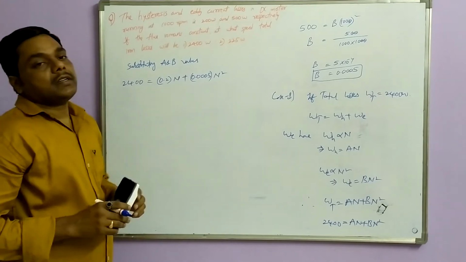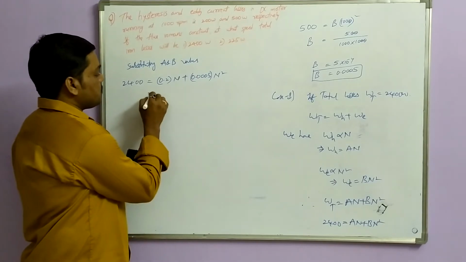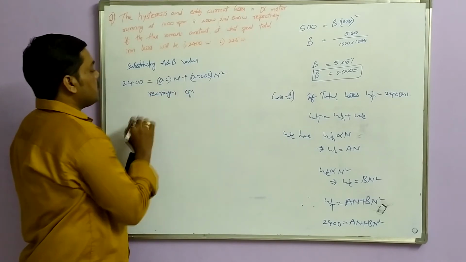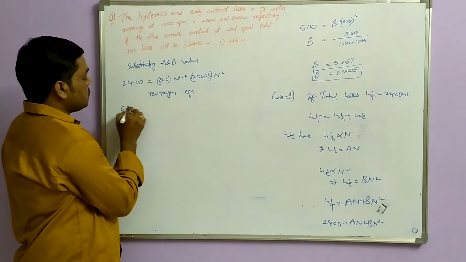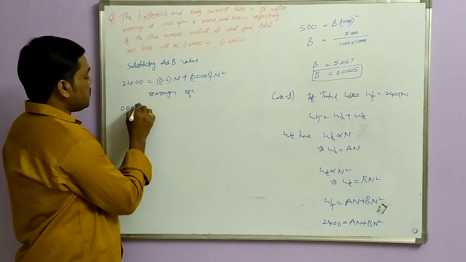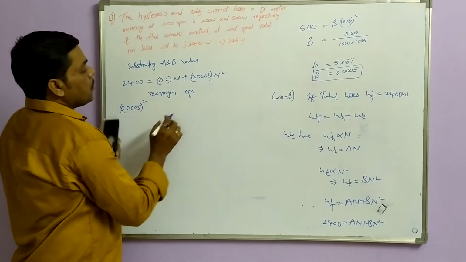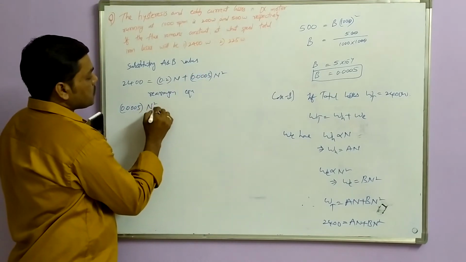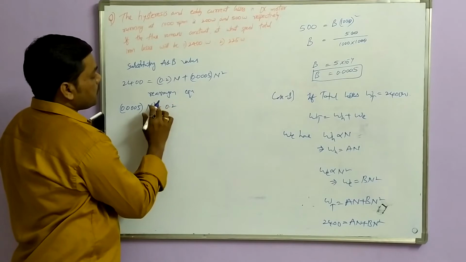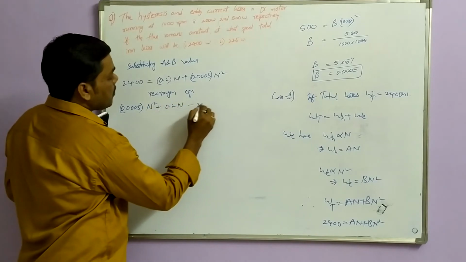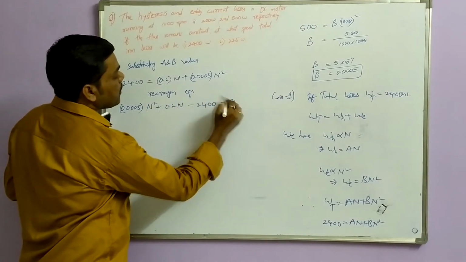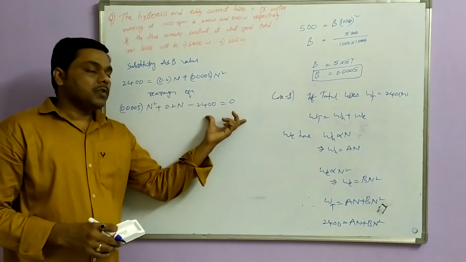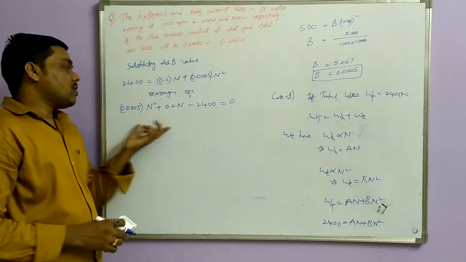So let us rearrange this equation. Rearranging the equation: 0.005 N square plus 0.2 into N minus 2400 equal to 0. Now this is the equation, and if you observe carefully, this is a quadratic equation.